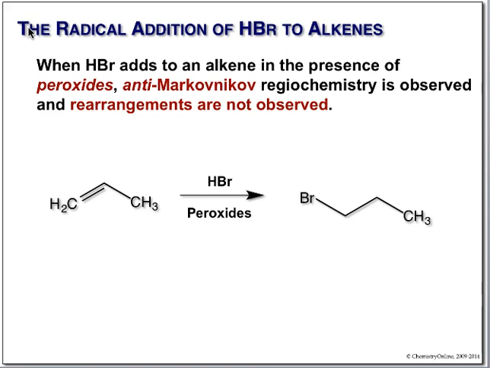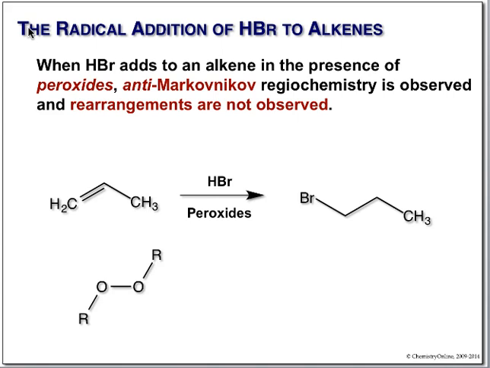Now, what are these magic peroxide things? Hydrogen peroxide is H2O2, right? When we speak of peroxides here, we're dealing with either peracids or with an organic peroxide, where these are alkyl groups or something like that. Benzoyl peroxide is what you put on zits.